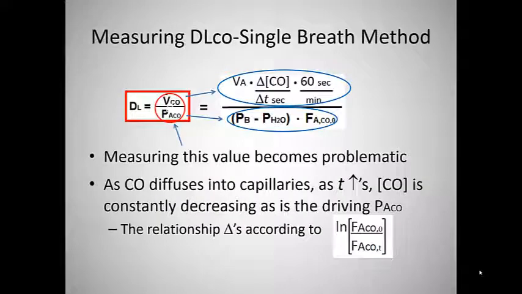Okay. Well, here's where it starts getting a little more complicated, though. Because when we measure diffusing capacity, during that 10-second breath hold of that small concentration of carbon monoxide, as you're holding your breath, that concentration of carbon monoxide is decreasing, decreasing, decreasing, but it's rapidly falling. It's not the same pressure driving it anymore. It's going down progressively.